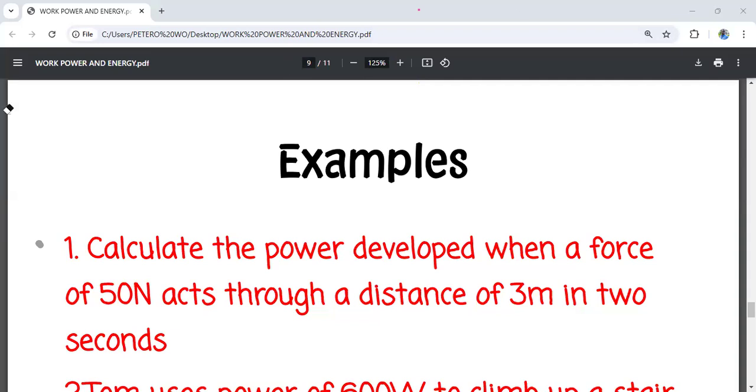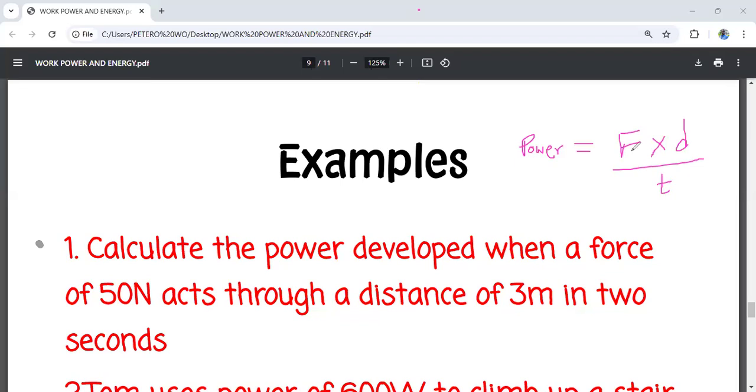So from the formulas, we have realized that for us to get power in watts, we have to get it from the force multiplied by the distance, then divided by the time.